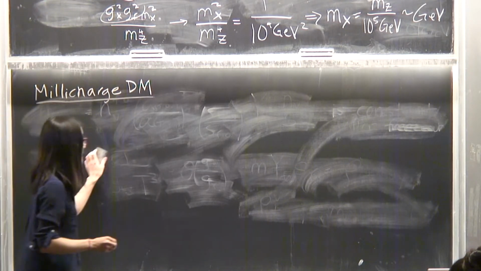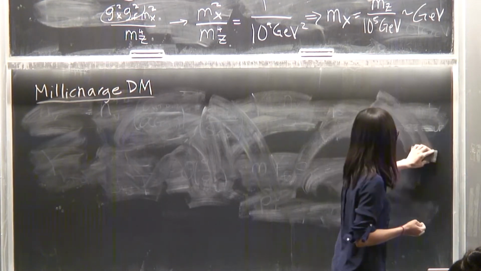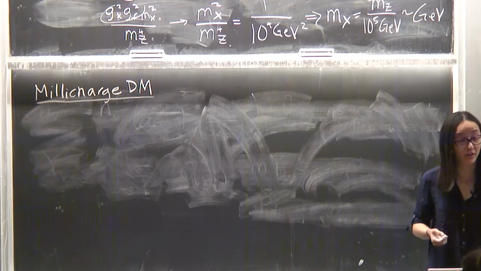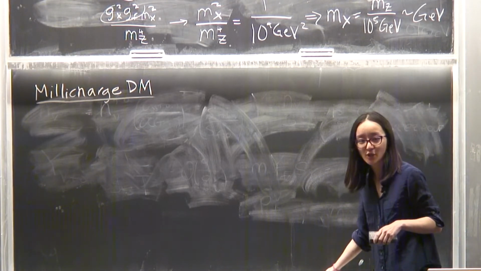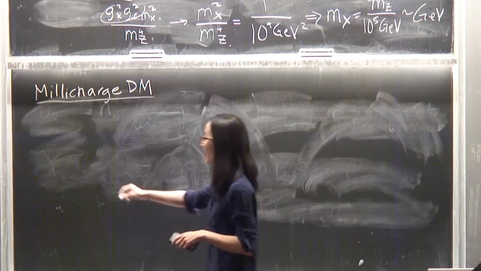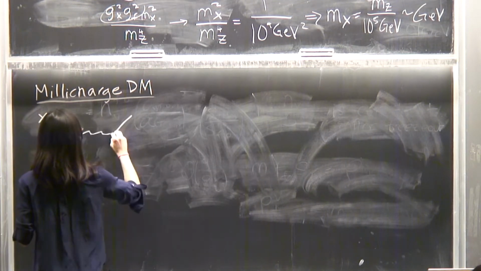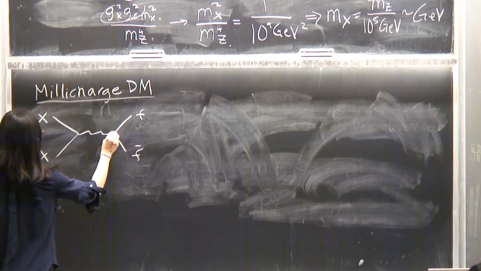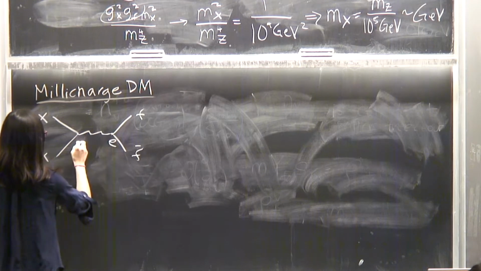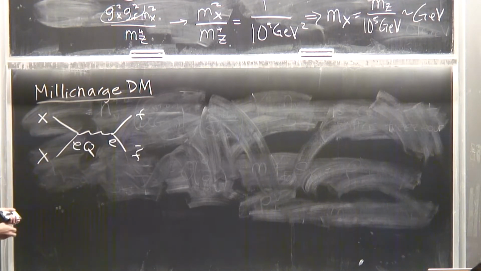Okay, so we're trying to see if there are any possible ways to get sub-GeV candidates with just standard model interactions. And I'm not going to specify exactly where I get this millicharge from. Just assume that I have some millicharge, so now this is e, this is e, and I'll call the millicharge Q, some very small number.